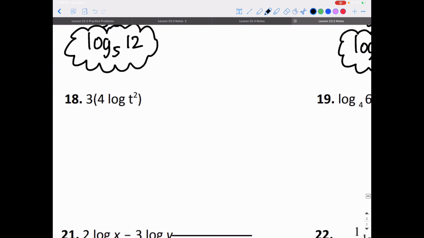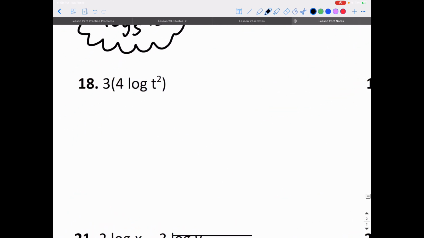All right, for 18, I have 3 times 4 times log t squared. The first thing I'm going to do is, I can't have coefficients in condensed form, so I'm going to make that an exponent instead. So I'll have 4 log t squared, and t squared is going to be raised to the 3rd power, so I'm moving that to be the exponent of t squared. I'm going to end up with another coefficient. I can't have that, so I'm going to have to take this coefficient and make it an exponent.